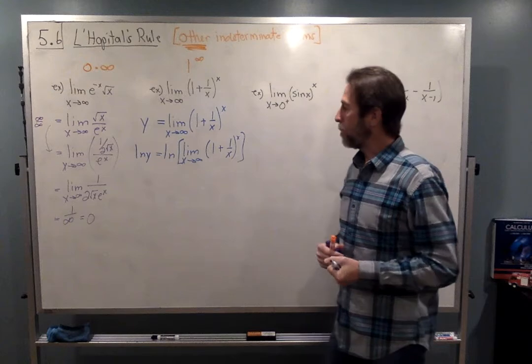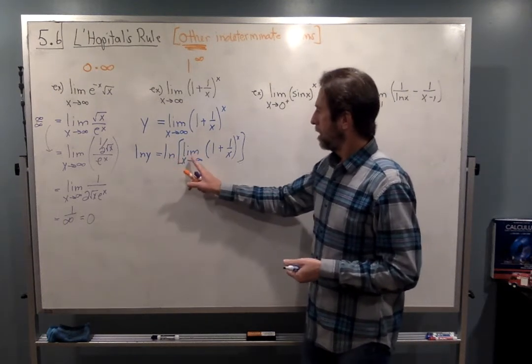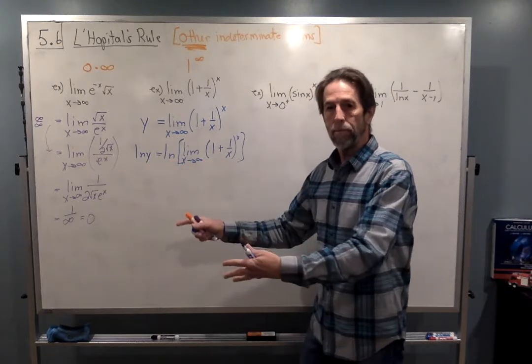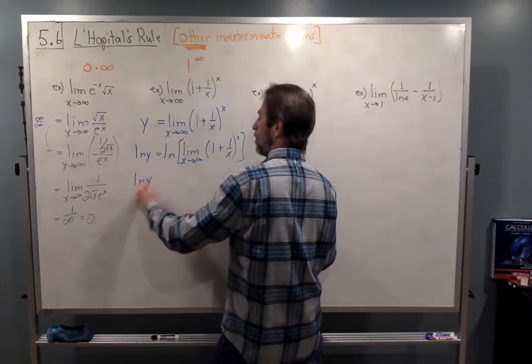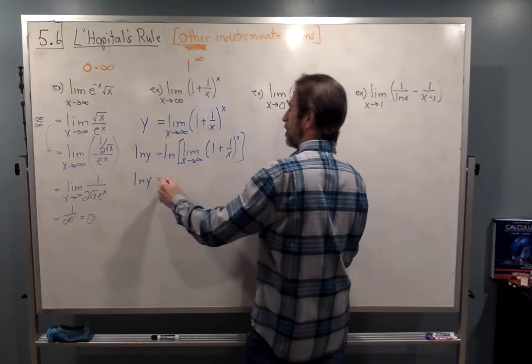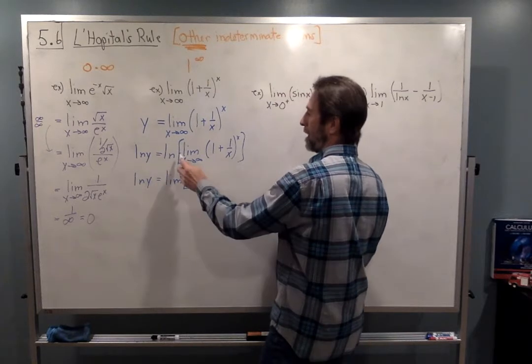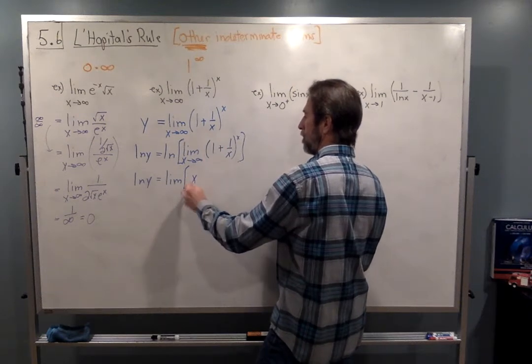Now, there are several properties of limits, and one of them is that if I take the limit of something and the log, I could have taken the log first and then the limit. So through a few steps, what I can basically write algebraically is that this is going to be the limit of, if I take the log of all of this expression, I can bring the x to the coefficient spot.